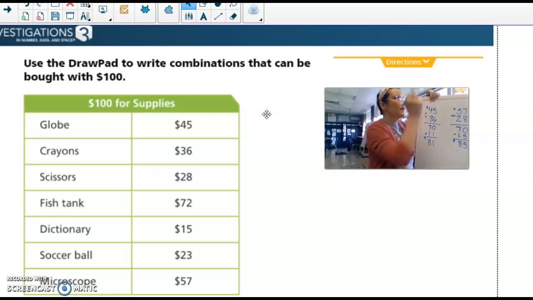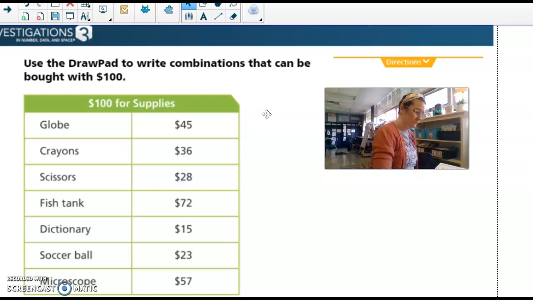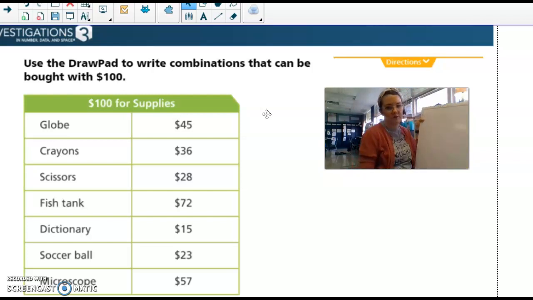Okay. What combinations do you think would go over $100? Which combinations would go over $100? Well, I know that if I were to buy the fish tank for $72, and let's say I really wanted that globe, 70 plus 40 is already going over 100.